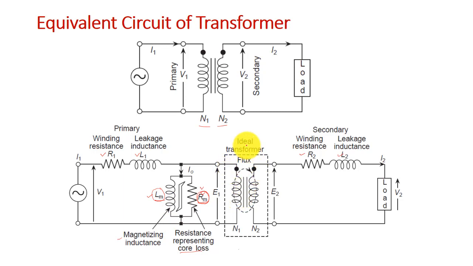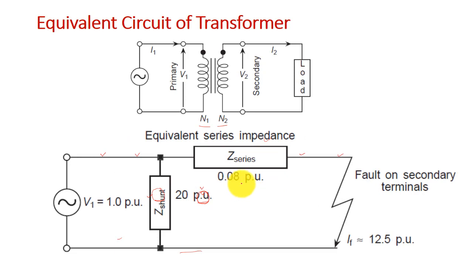Now, this part is your ideal transformer: whatever voltage is here, it will replicate based on the transformer turns ratio. So now this is your equivalent circuit, and what will be your fault current?